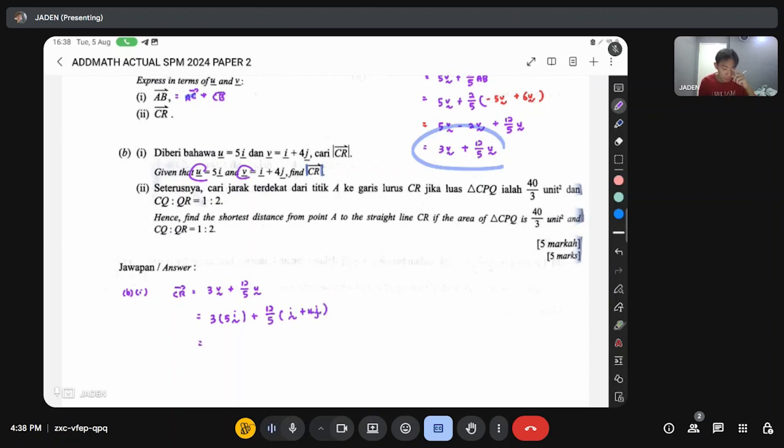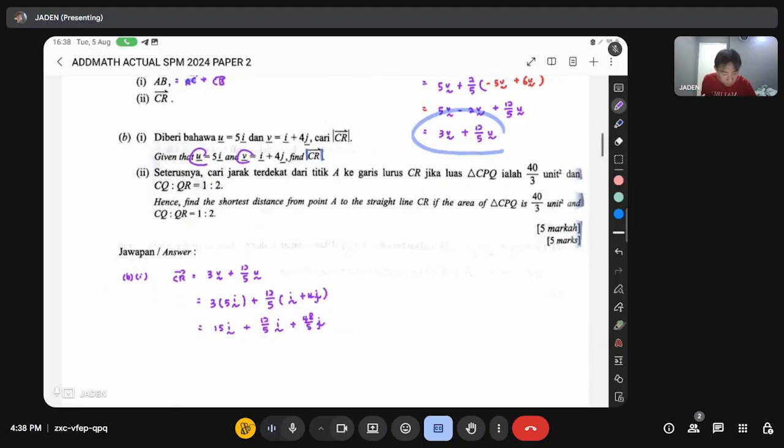So when you expand this out, you get 15i plus 12 over 5i, and then 12 times 4 over 5, which is 48 over 5j. Let me just double check. Oh, I know what I messed up here.